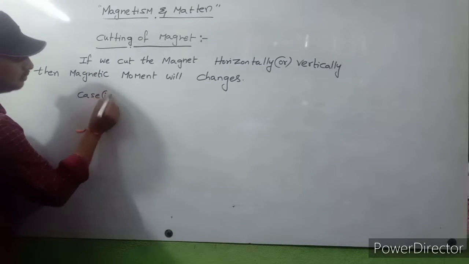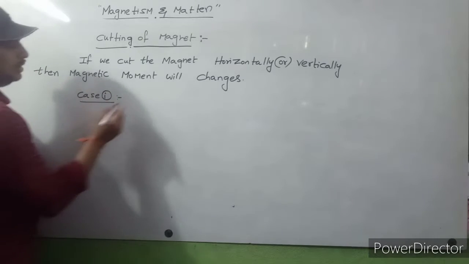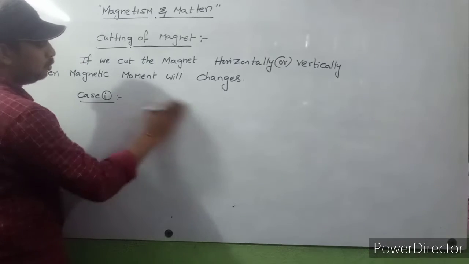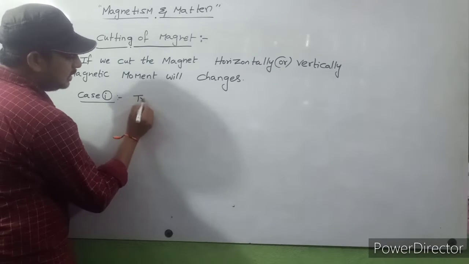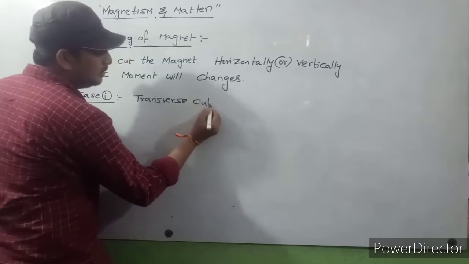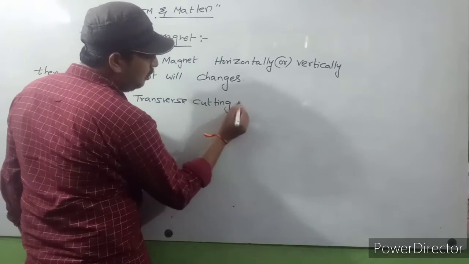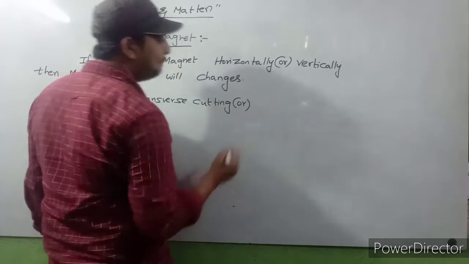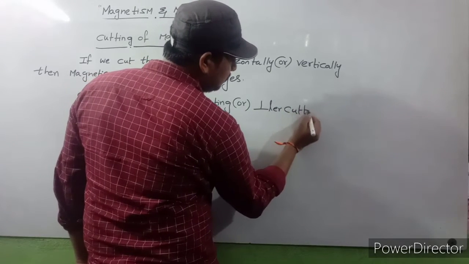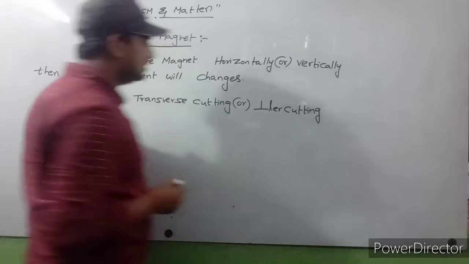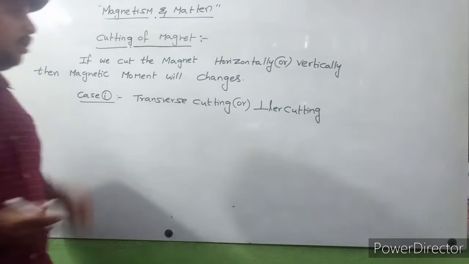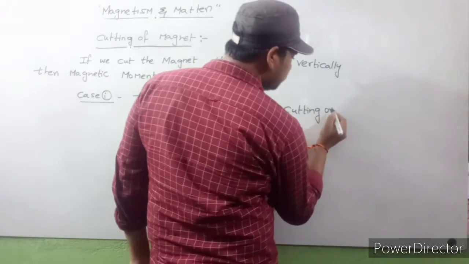Case 1, cut the magnet. So we have two types of cutting. One is transverse cutting or perpendicular cutting or vertical cutting.